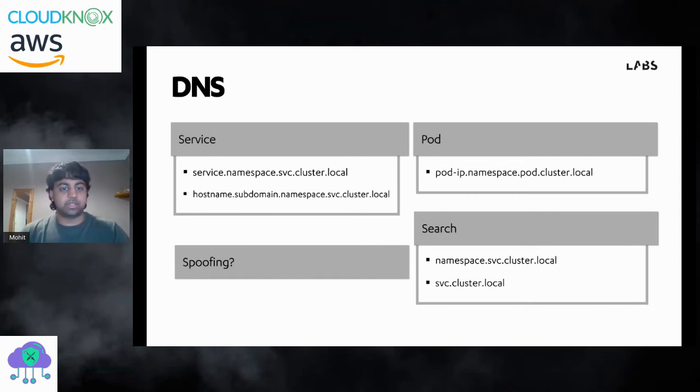There's an additional DNS name that's usually also added, and that's hostname dot subdomain. The hostname and subdomain are extracted from the pod, so the pod can specify the hostname and subdomain, at which point it'll be available using that DNS name, which brings the idea of spoofing into play.